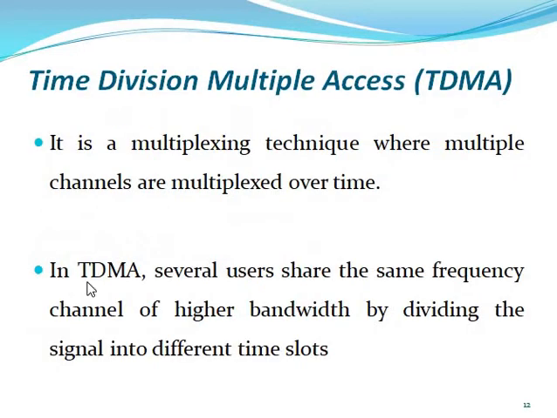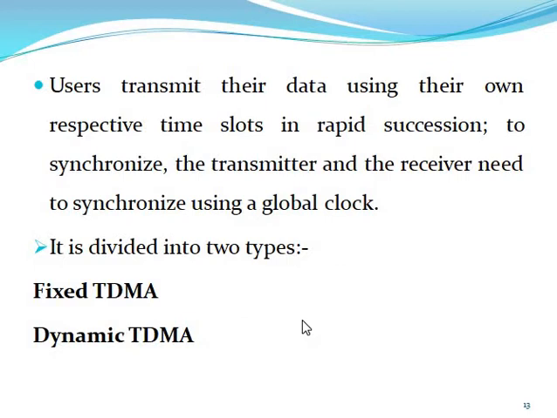So in TDMA, users share the same frequency channel or higher bandwidth by dividing the signal into different time slots, and you transmit and receive the data in a particular time slot. TDMA is divided into two types: fixed TDMA and dynamic TDMA.